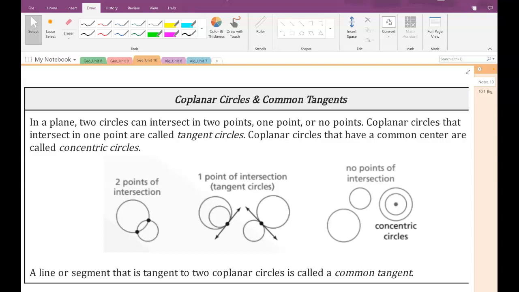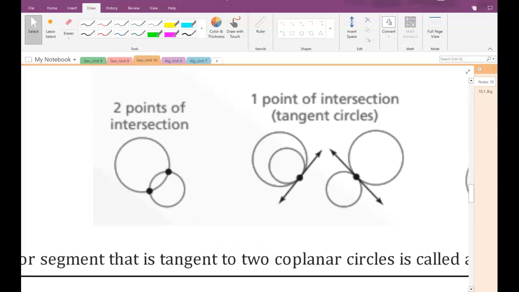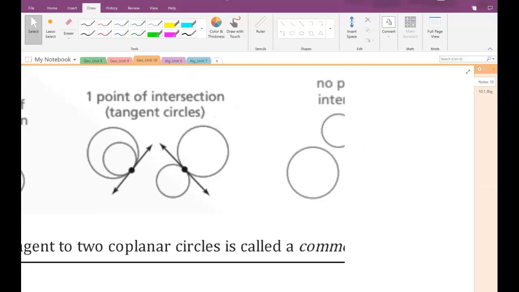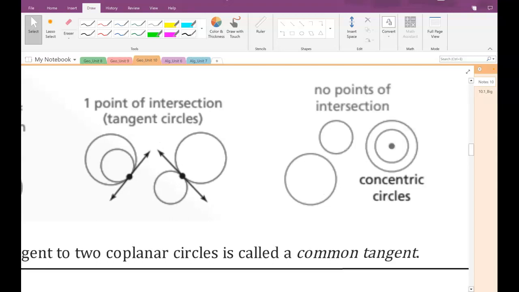So we can see this here. We have 2 points of intersection. When we have 2 points of intersection, we don't have a common tangent through the middle. If we have 1 point of intersection, so we're intersecting at the black points, we can draw a tangent for both of the circles. And if there's no points of intersection, we call them concentric circles.